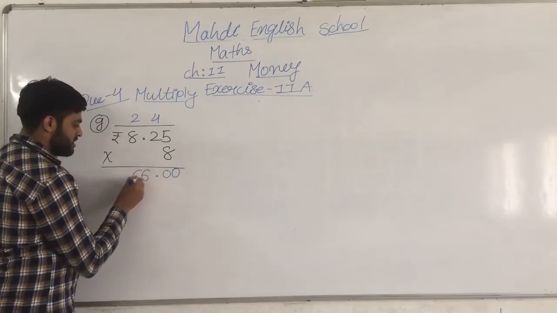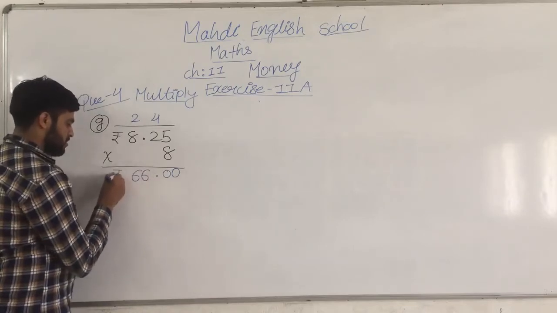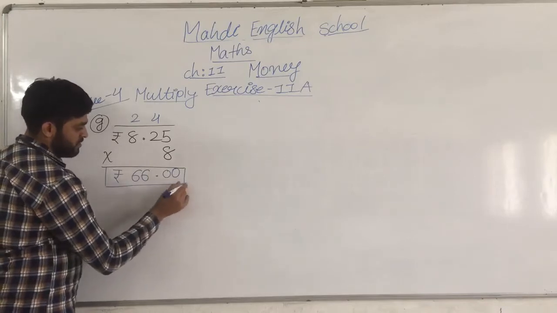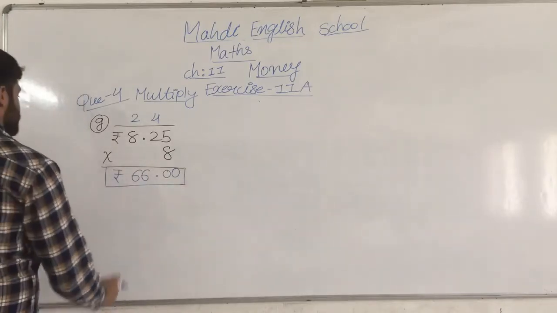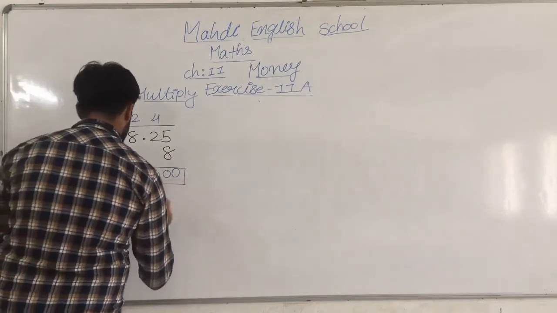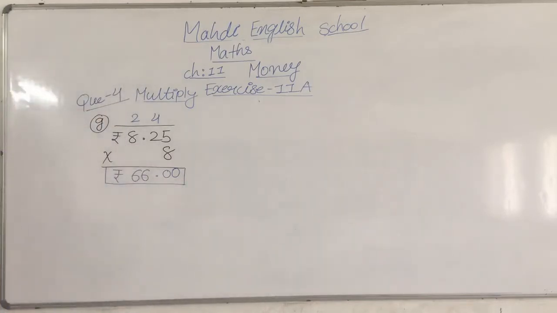So the answer is what? 66. Got my points? Understood? So you note down the answer in your book, my dear students. I hope you all understood.